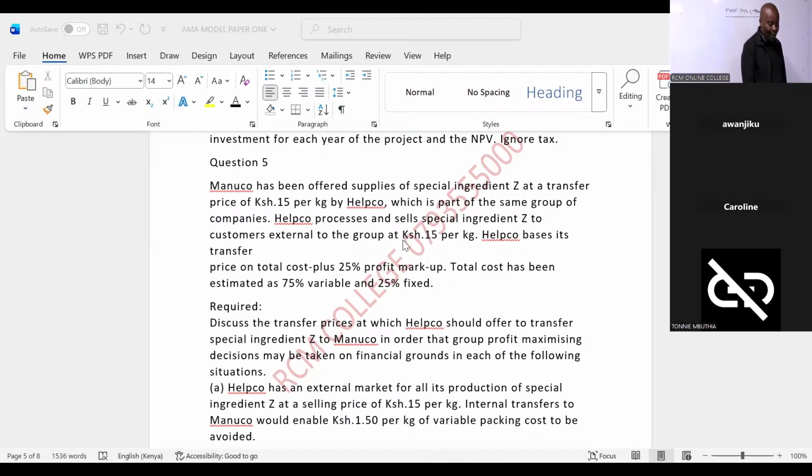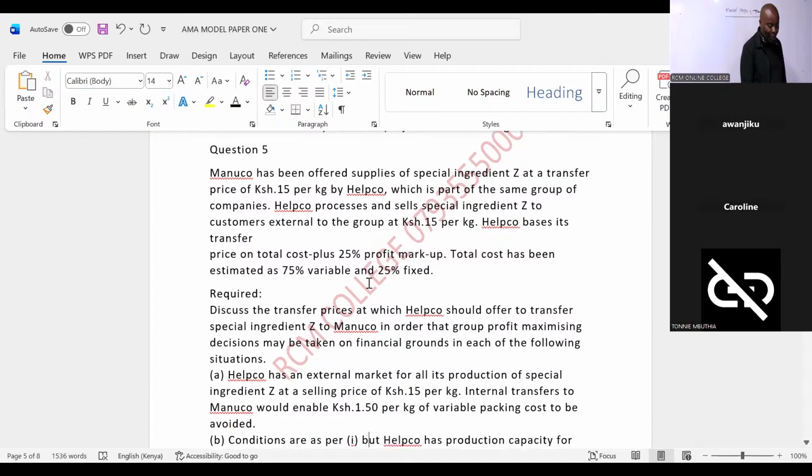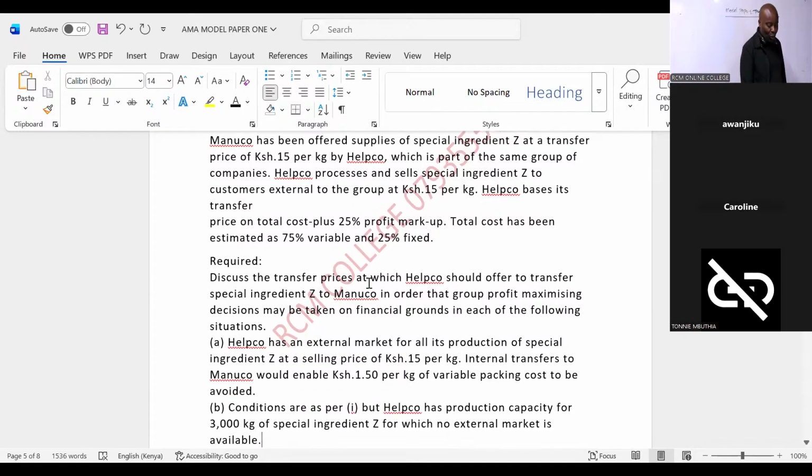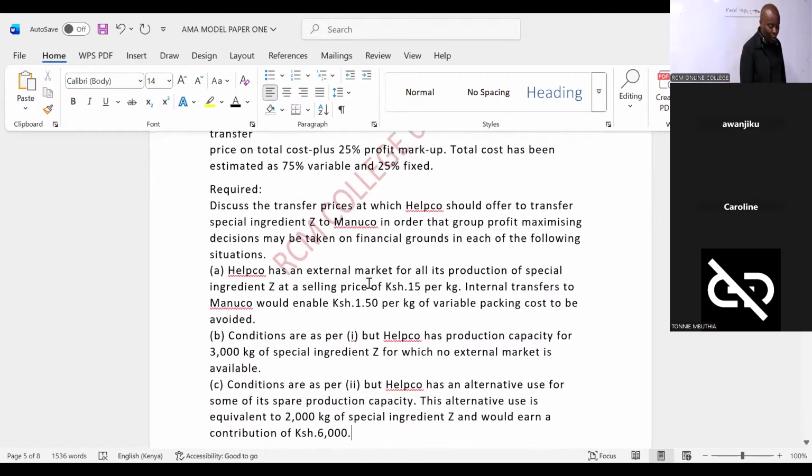BOK bases its transfer price on total cost plus 25% profit markup. Total cost has been estimated as 75% variable and 25% fixed. They want us to discuss the transfer price at which BOK should offer to transfer special ingredient Z to Manuko in order that the group profit maximizing decisions may be taken on financial grounds in each of the following situations.